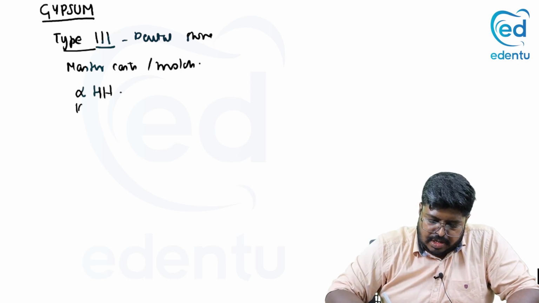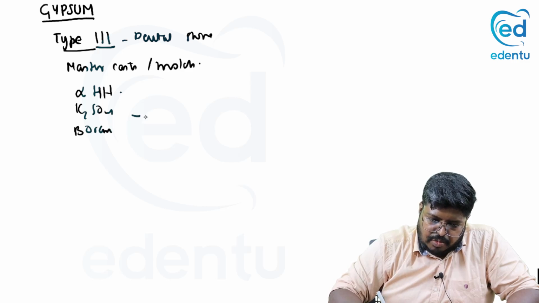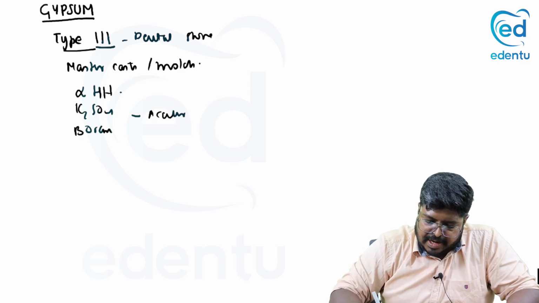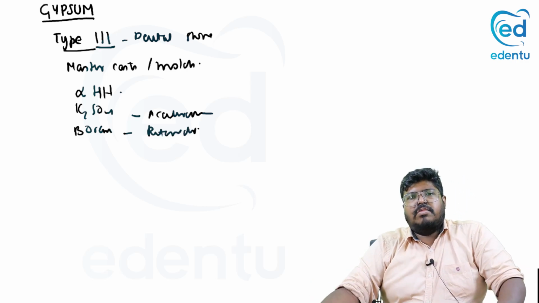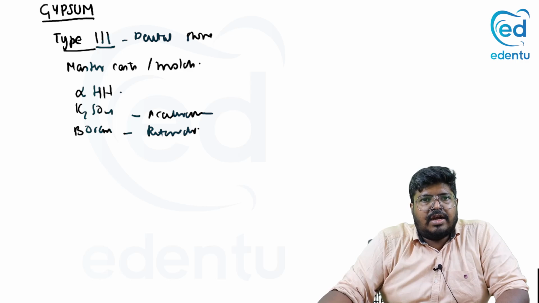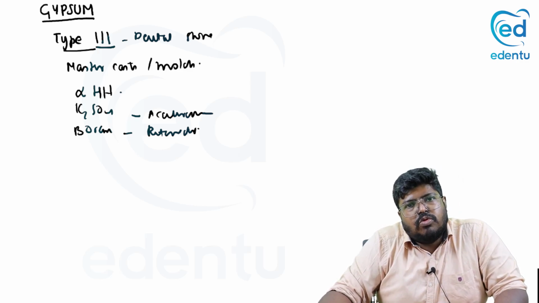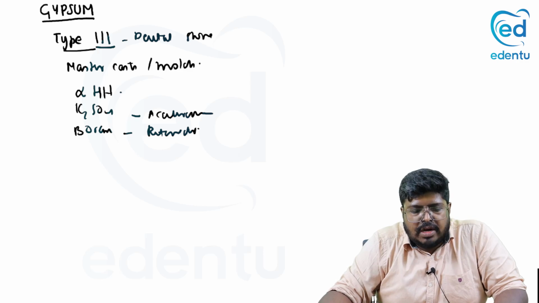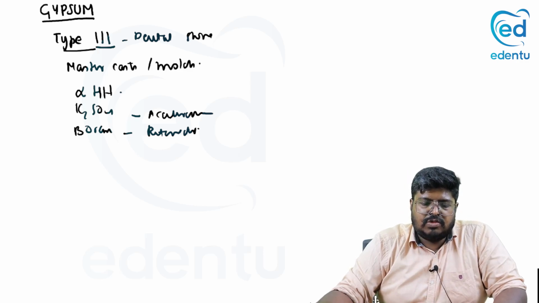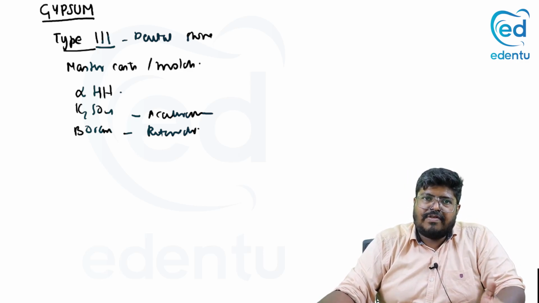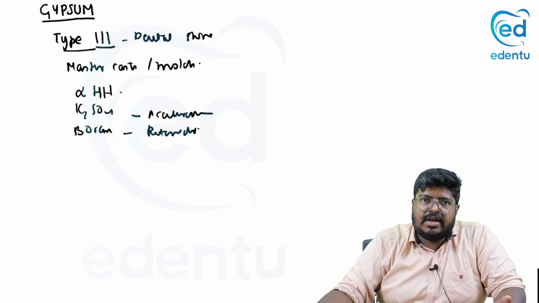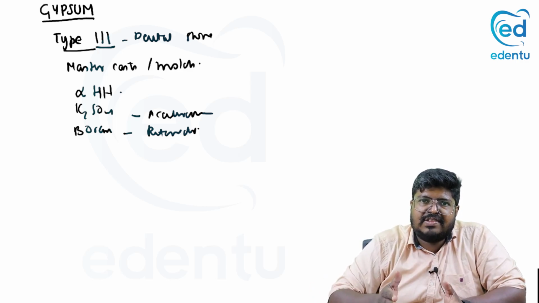It also contains potassium sulfate and borax. Potassium sulfate acts as an accelerator and borax acts as a retarder. Some dental stone may contain a little bit of beta hemihydrate to provide a smooth consistency to the mix. See, a stone with proper quantities of accelerator and retarder is called a balanced setting stone.